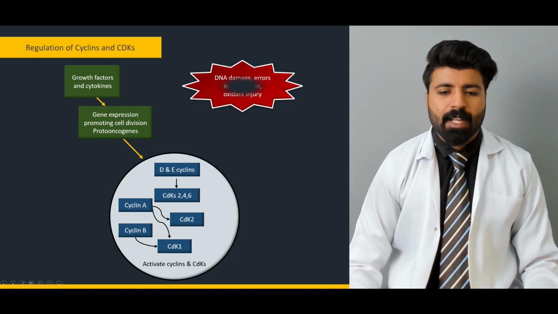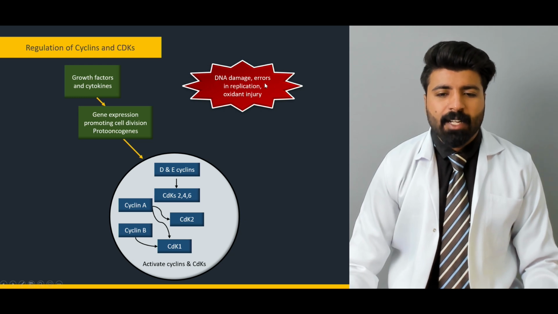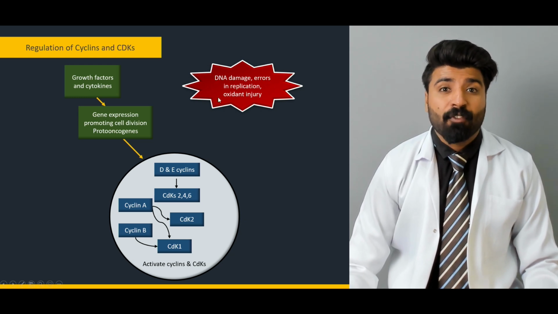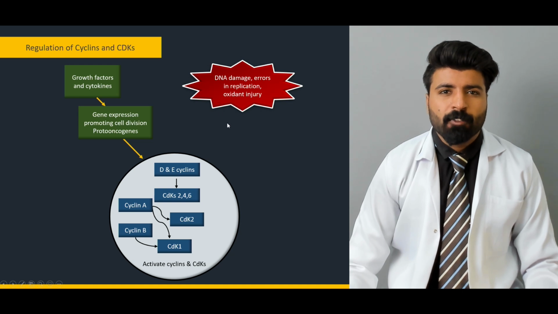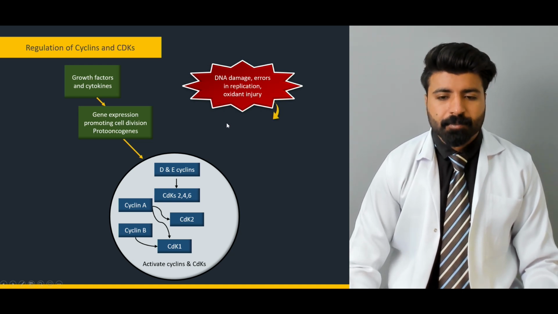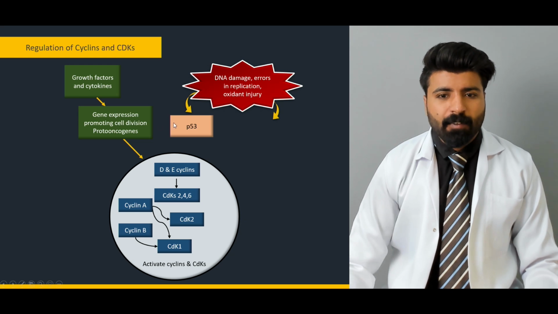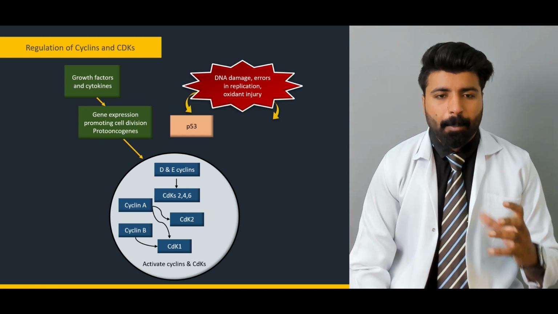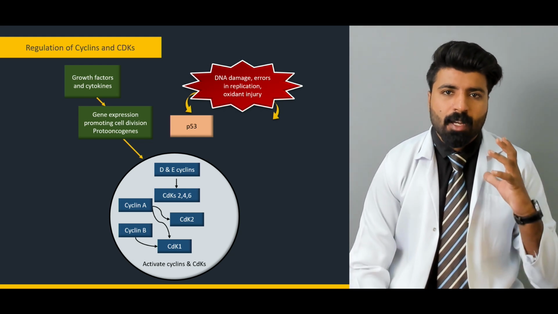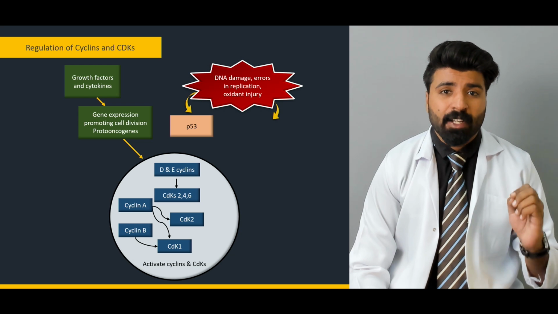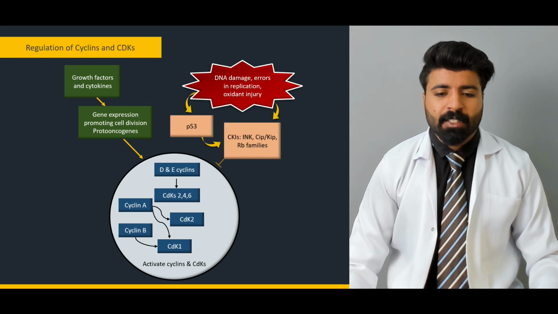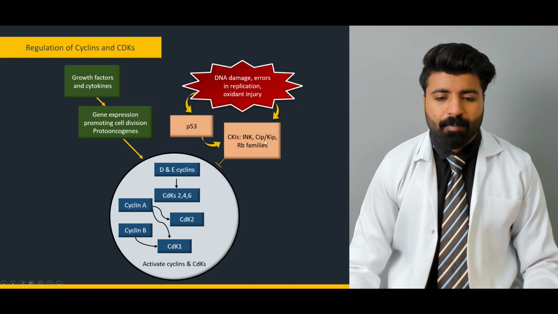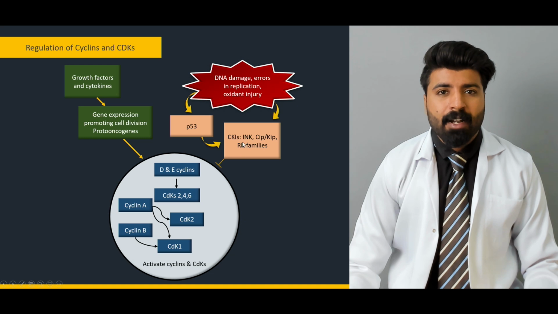Now, if there is any DNA damage or errors in replication or any kind of oxidant injury, we talked about what will be produced? P53. So P53 will be produced, which will halt the cell cycle, which will stop the cell cycle in its route before going to S phase, before synthesis of DNA. So P53 will lead to all of these changes, which will include CKIs, INK, CIP, KIP, and RB families, retinoblastoma families.